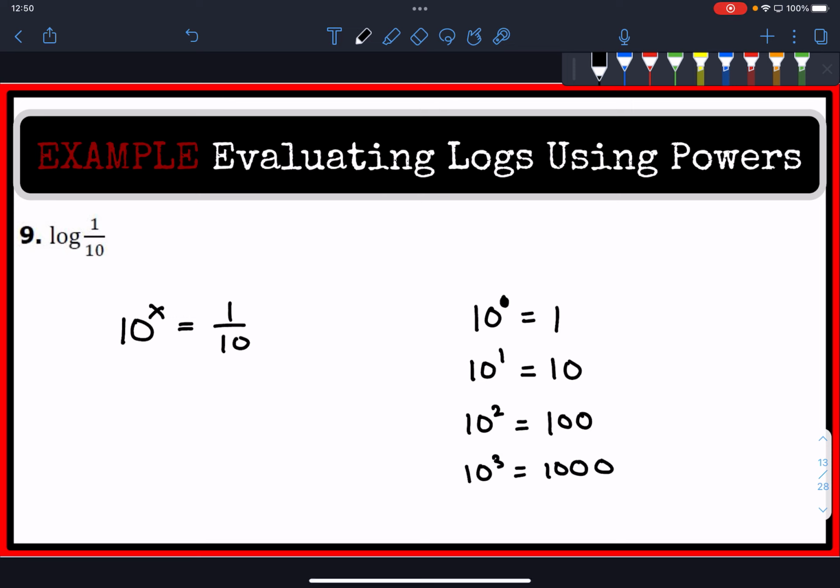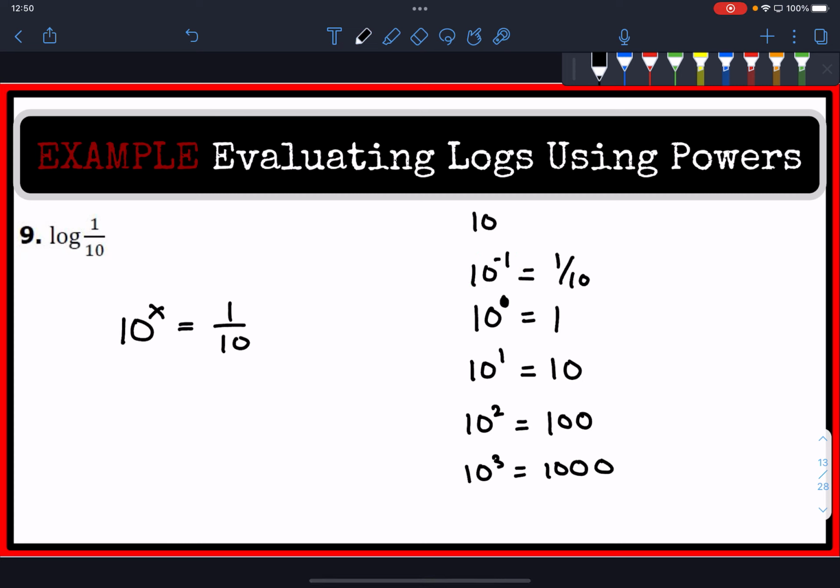Now we want 1 over 10, not 10. So as you see right here, 10 to the 1st will give me 10. But I want 1 over 10. Well, I get the reciprocal of that when I raise 10 to a negative power. Since 10 to the 1st power is equal to 10, 10 to the negative 1 is not negative 10, but 1 over 10.